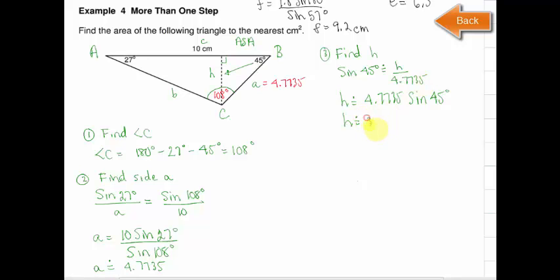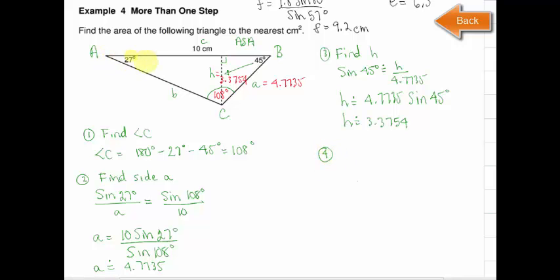And I will get 3.3754. Okay, so H is 3.3754.